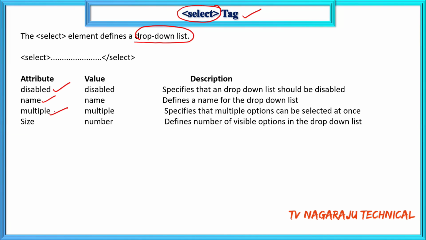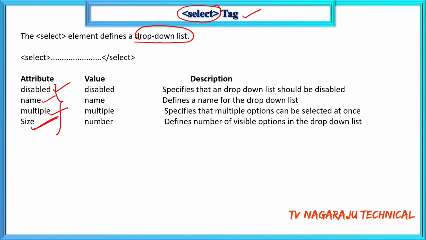If you give multiple, multiple options can be selected at once. Size specifies the number of options that are visible in the drop-down list. By default, only one option is visible. If you give any size, that many options are visible. So these are the attributes for select.